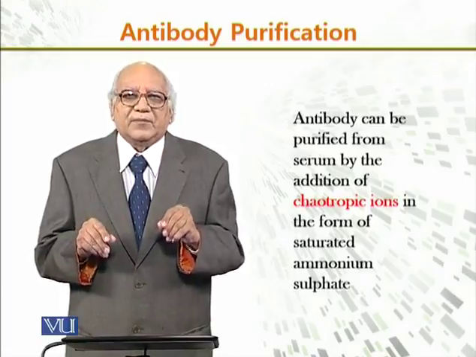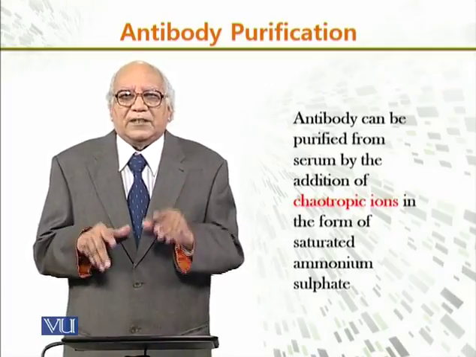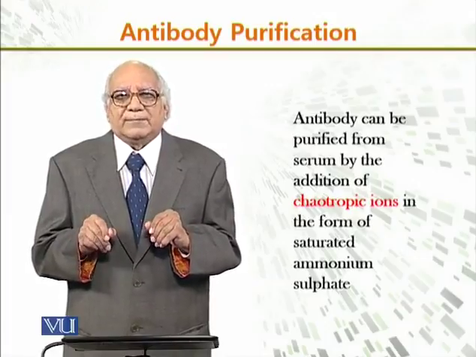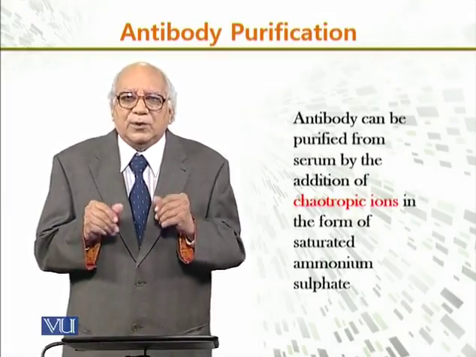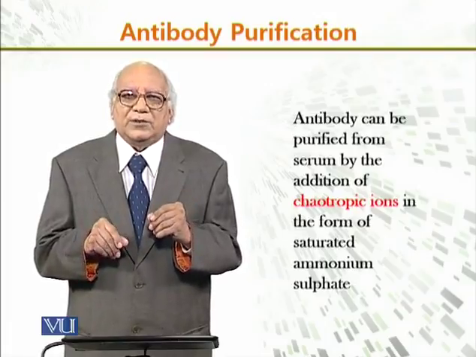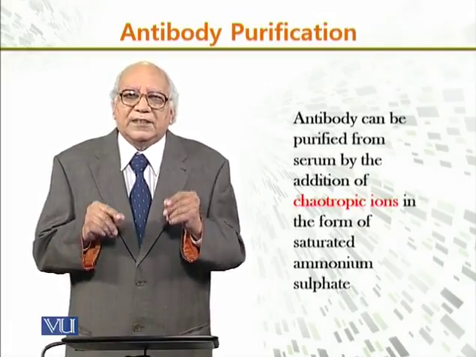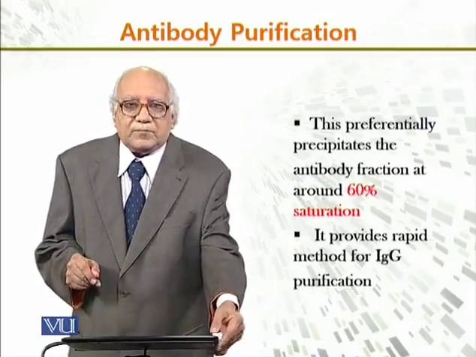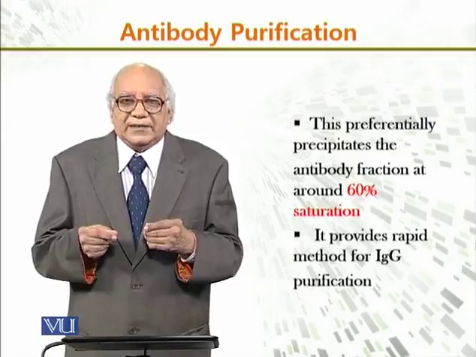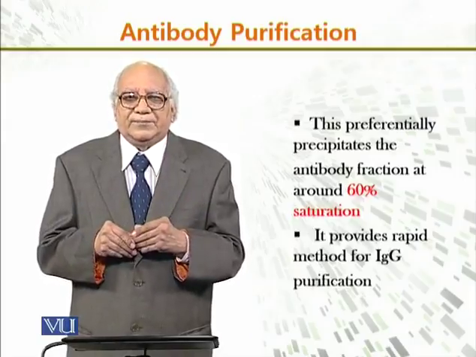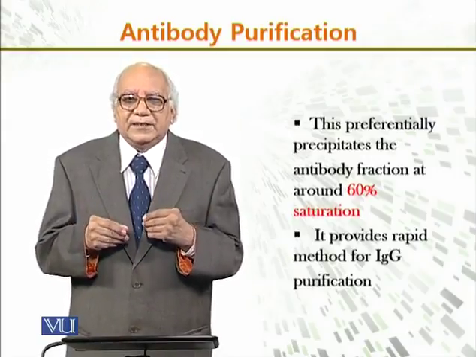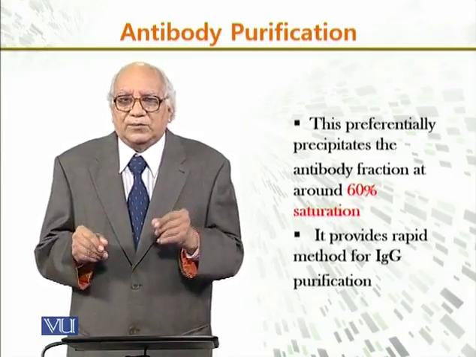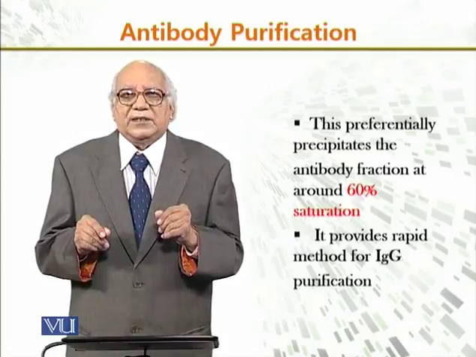Ammonium sulfate is one of the chaotropic chemicals used for this purpose. You know that alcohol is also chaotropic, but it works in a different manner. So what we do is, ammonium sulfate preferentially precipitates the antibody fraction at around 60% saturation.